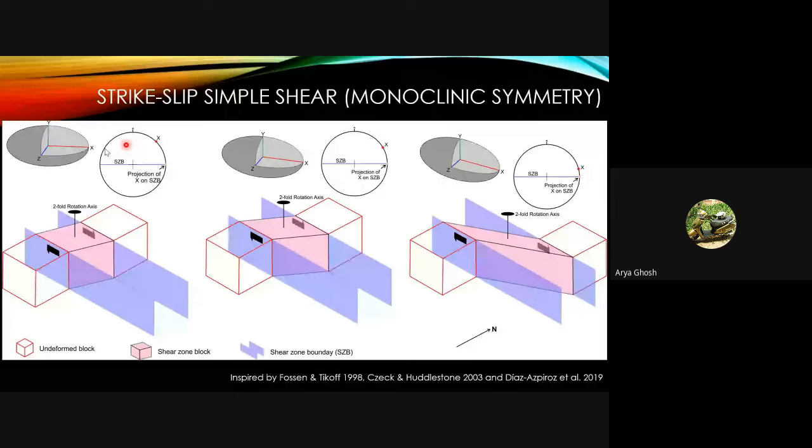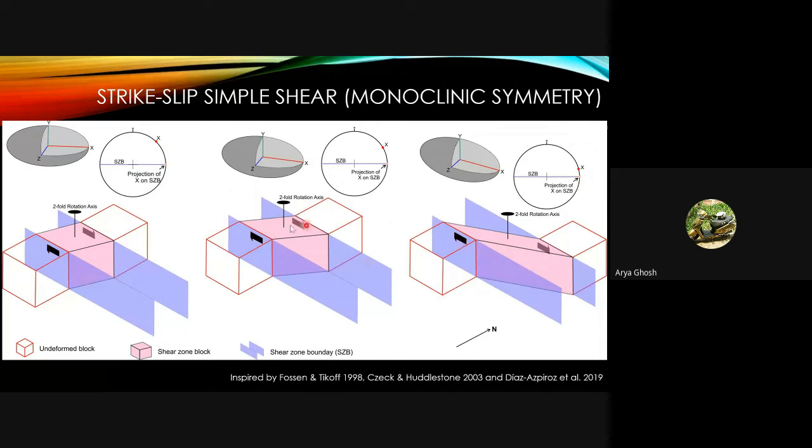Now, in case of simple shear, we can see that this X direction, which is the stretching lineation, the maximum stretch direction, will change in space, like it is moving, but its projection will always remain in the same place. And finally, if we try to fit a two-fold rotation axis in each case like this, we will be able to do that. So simple shear has a monoclinic symmetry.